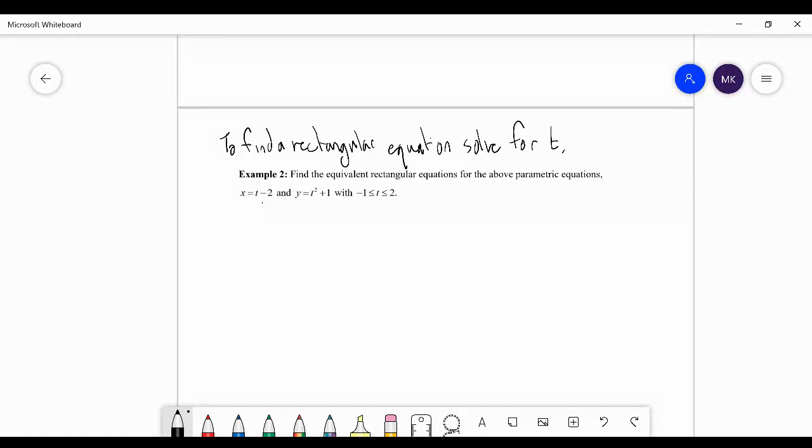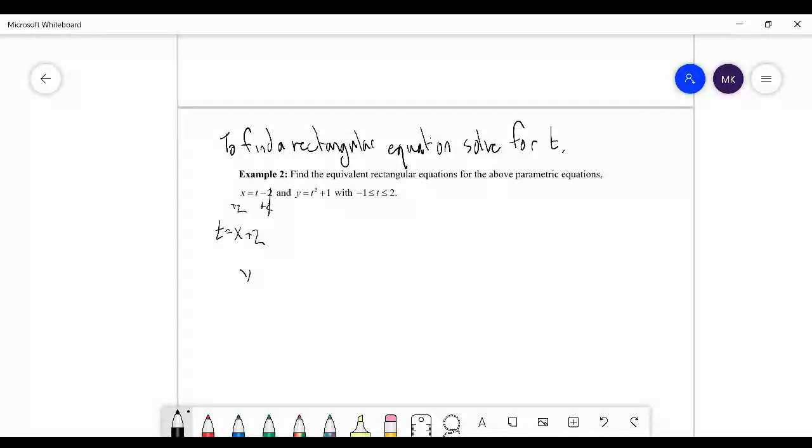So to do that, we just add 2 to both sides. And we get that t equals x plus 2. Okay. So now we're going to use this equation twice. The first thing we're going to do is replace t with x plus 2 in our equation for y.